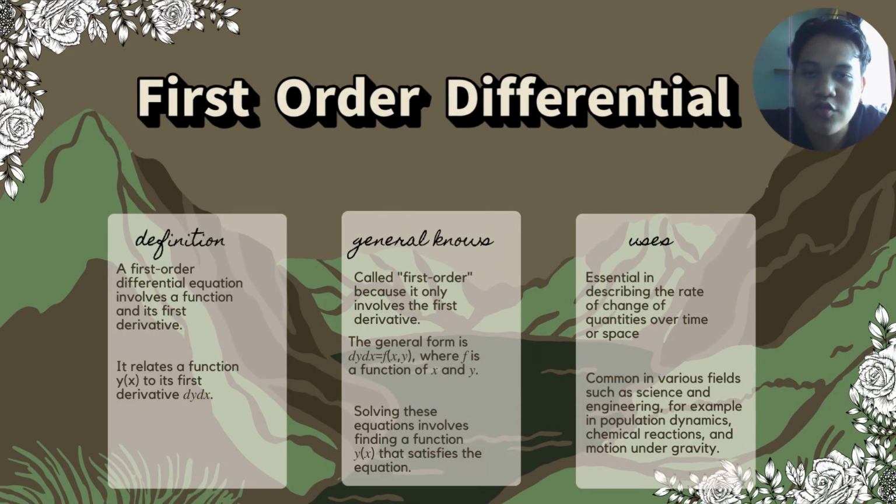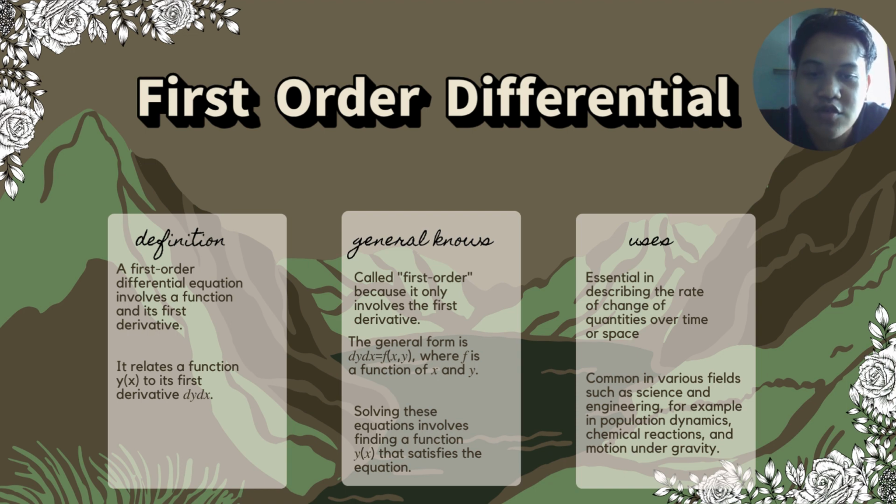Okay, now we move on to the first order differential equation. The definition is that the first order differential equation involves a function and its first derivative. It relates a function y(x) to its first derivative dy/dx. It is called first order because it only involves the first derivative. The general form is dy/dx = f(x, y), where f is a function of x and y.